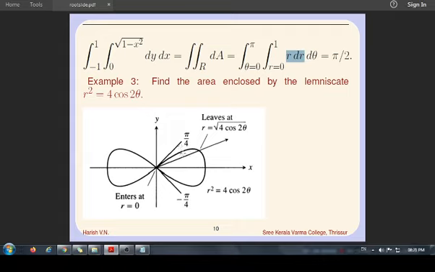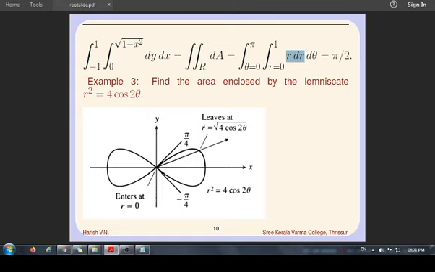You trace the curve, the lemniscate sketch. Hope you know how to trace polar curves. When theta equal to 0, you have this line, and when theta equal to pi by 4, you have this line. So theta limits of integration are 0 to pi by 4.